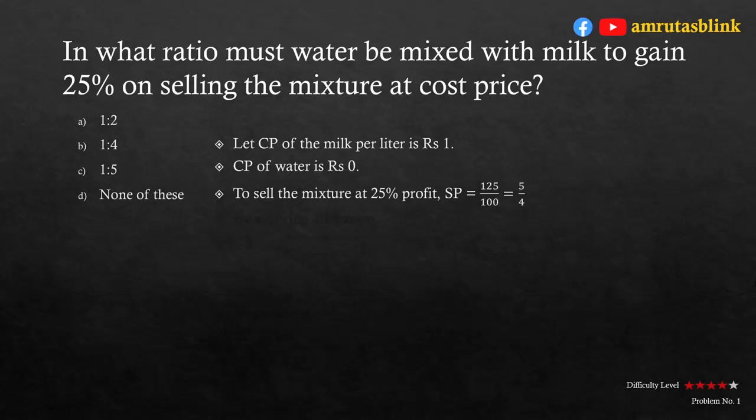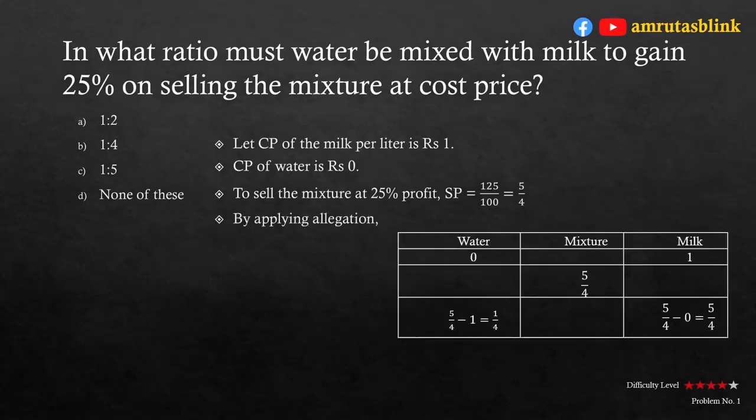So, suppose cost price is 100, then your selling price should be equal to 125. So, the ratio of selling price to cost price will be 125 upon 100, that is 5:4. Now, if we apply the rule of alligation, let's say in the first column there is water and in another column there is milk.